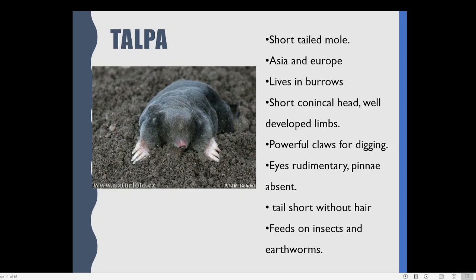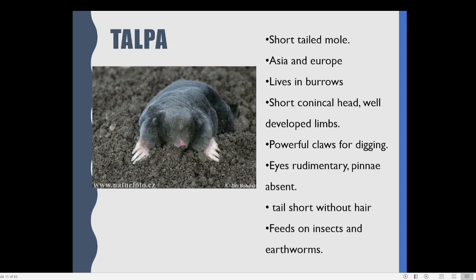Then pinna. Pinna means the external ear. This is the pinna. It is also absent. These two are actually modifications of animals which are living in burrows. Because if the pinna is present, while moving through the burrows, that will be an obstacle or a hindrance.